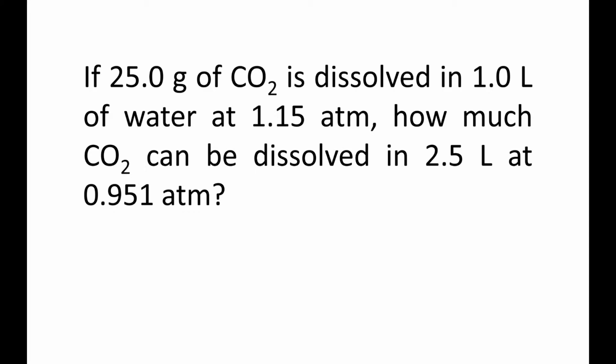If 25 grams of CO2 is dissolved in 1 liter of water at 1.15 atm, how much CO2 can be dissolved in 2.5 liters at 0.951 atm? This one's a Henry's law. You're given pressures, and when you're given pressures with solutions, it's Henry's law. So you have an S1, a P1, and an S2, and a P2.